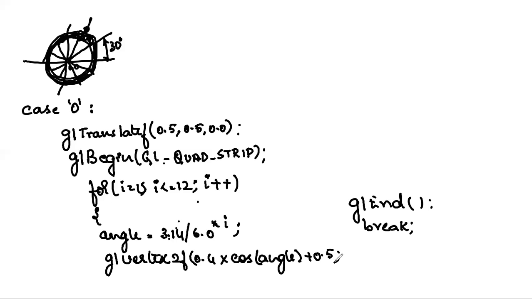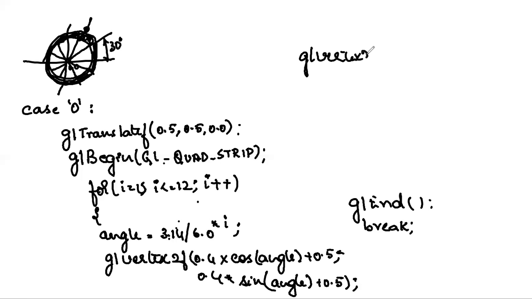Next one is, so I'll say 0.4 into sine of angle plus 0.5. This is the first vertex. The second vertex is glVertex2f. We want the outer part.